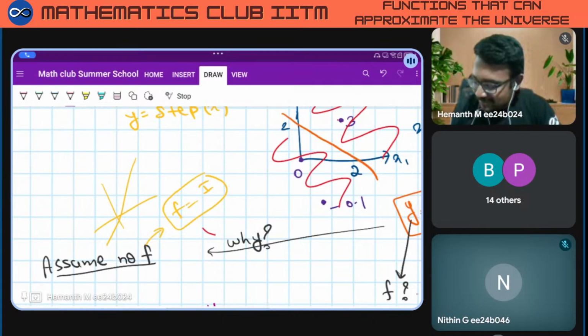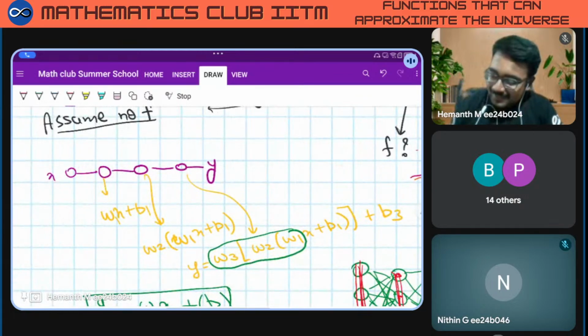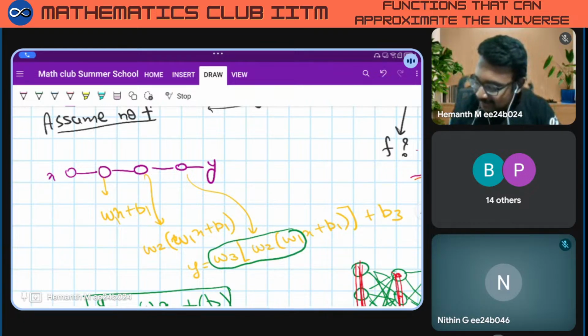If there's no activation function, then there comes a serious problem. Say I have my input x, I pass it through one perceptron, and the output that I get is w1 x plus b1. Then I pass that through another perceptron.